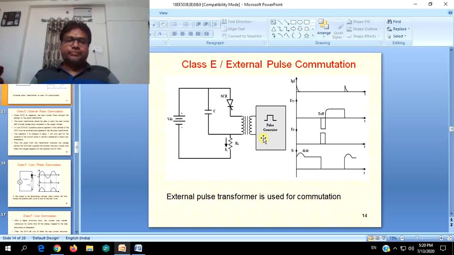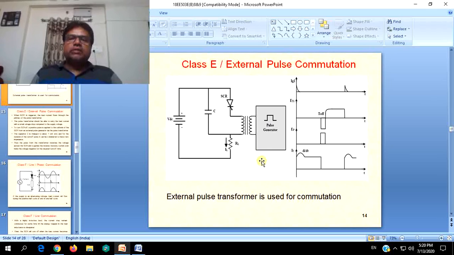It holds the pulse negative for the required turn off time to be over completely, so that this main SCR turns off and current to the load will be completely cut off.